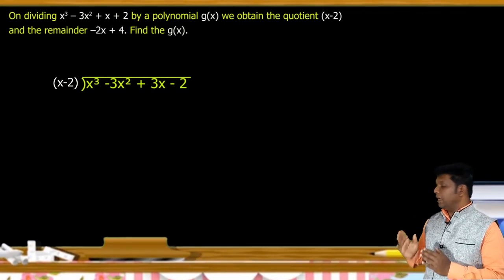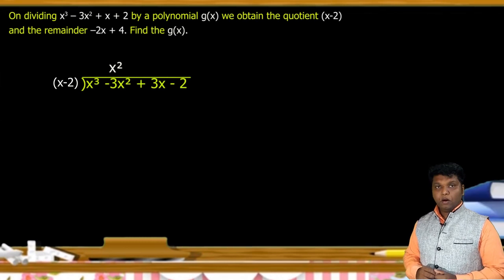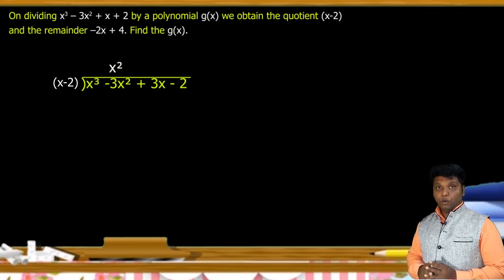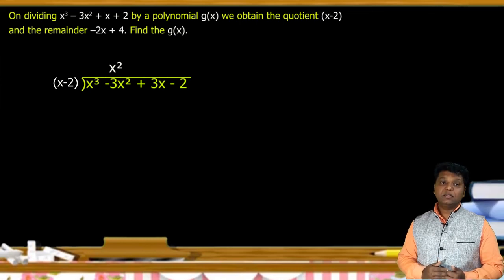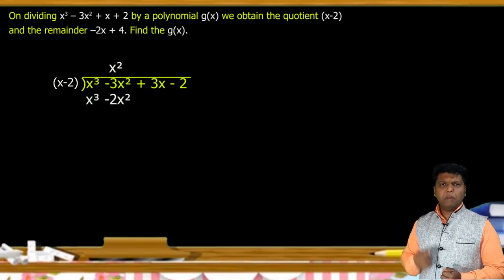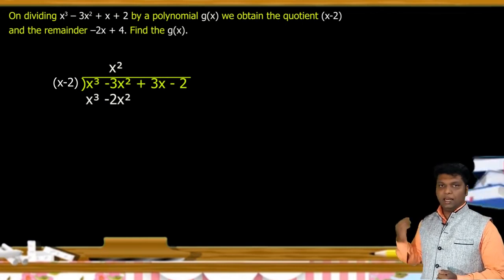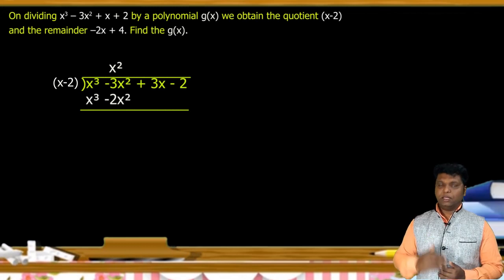Now you got x cube divided by x is x square. So x square on the top, on the quotient part. Now multiply this quotient, x square into x, it is x cube. Then x square into minus 2, minus 2x square. Put the line. Minus 3x square, minus 2x square. You have to subtract them.